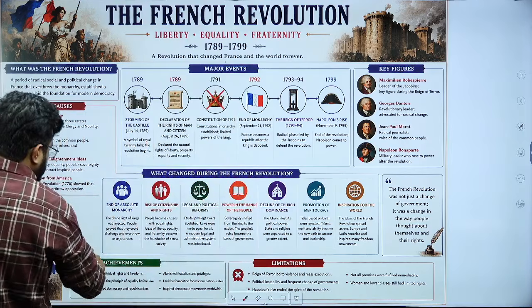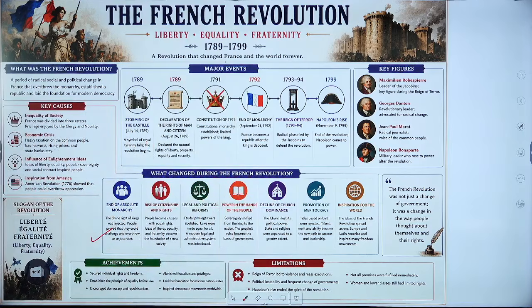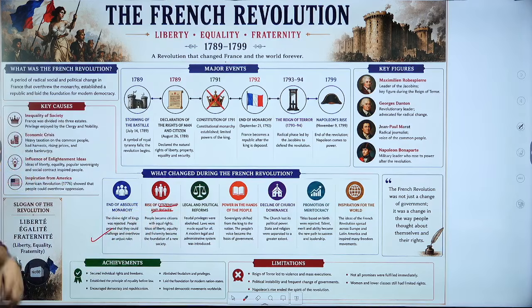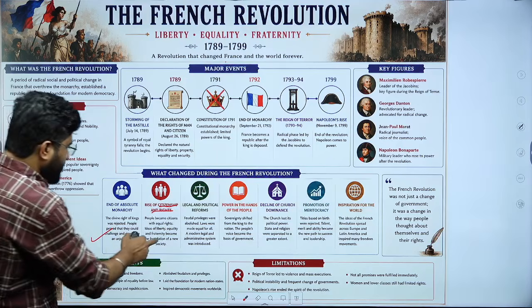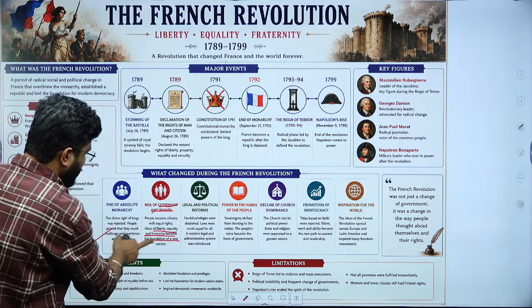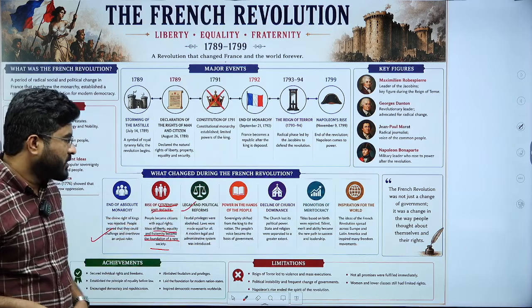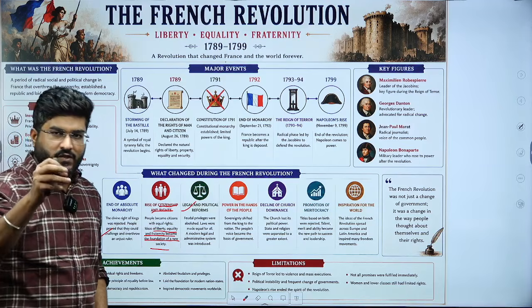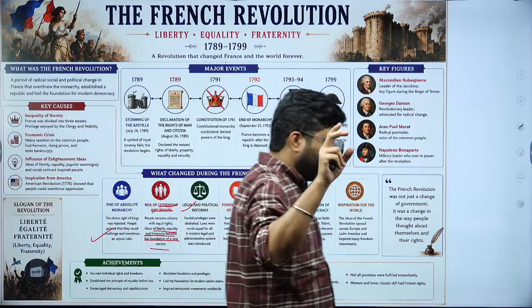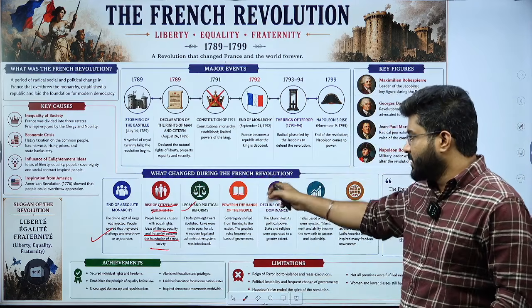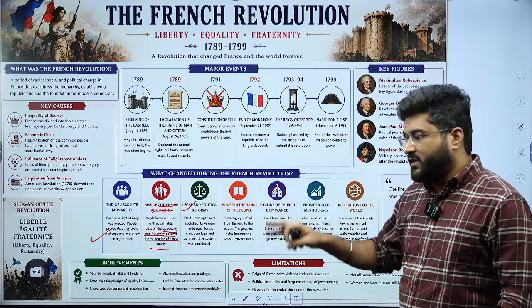People proved that they could challenge and overthrow an unjust rule. There was focus on citizenship and fundamental rights, that people became citizens with equal rights. Ideas of liberty, equality, fraternity became the foundation of a new society. There was a rise of legal and political reforms. Feudal privileges, which we have seen in the form of privy purse after the post-independence time, those kinds of changes were done.